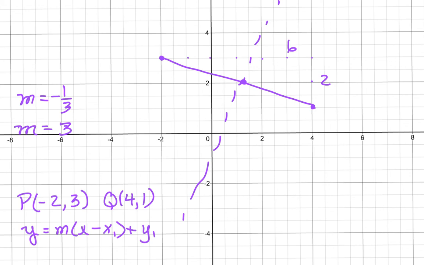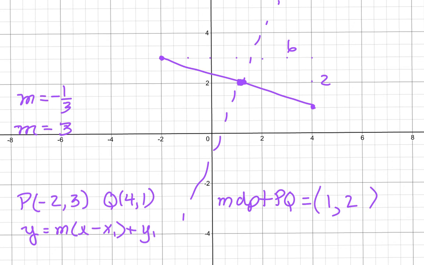We remember how to do that: we add the x's, add the y's, and divide by 2. So the midpoint of PQ: add the x's, negative 2 and 4 is 2, divided by 2 is 1. Add the y's, 3 plus 1 is 4, divided by 2 is 2. So my midpoint is at 1, 2, which is pretty close to what I have drawn there.